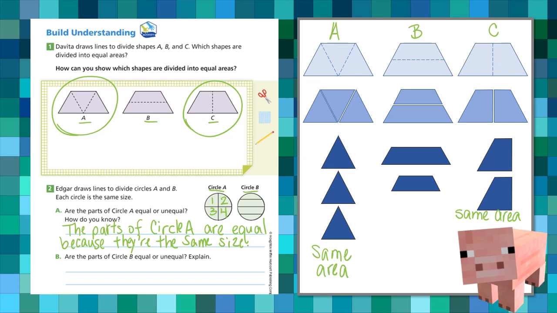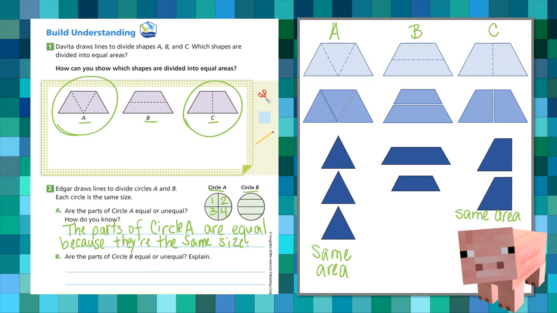Well, let's take a look at B. Are the parts of circle B equal or unequal? Explain. Well, for circle B, I think they're unequal because they're different sizes. The top and bottom are smaller than the middle two. Awesome. I agree with you.